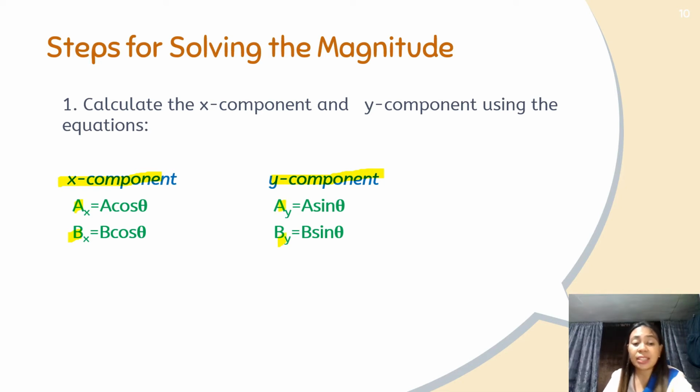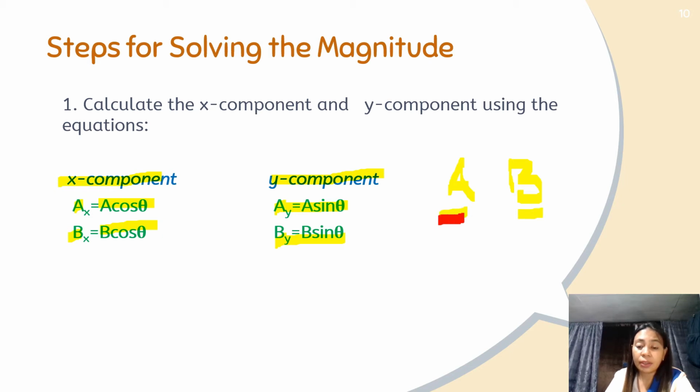So Ax has this formula, A cosine theta, then Bx is B cosine theta. For your y component, Ay is A sine theta, By equals B sine theta. Your A and B there, they are our given vectors.